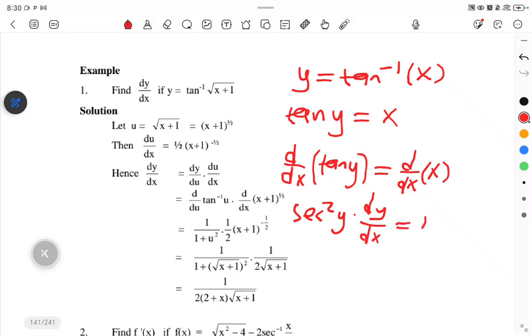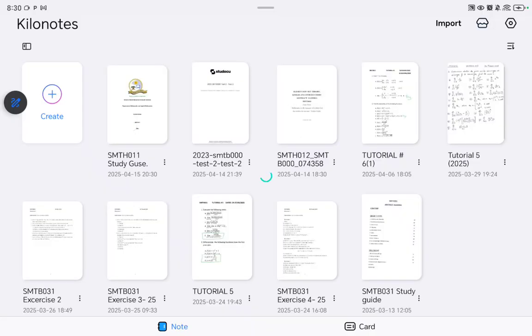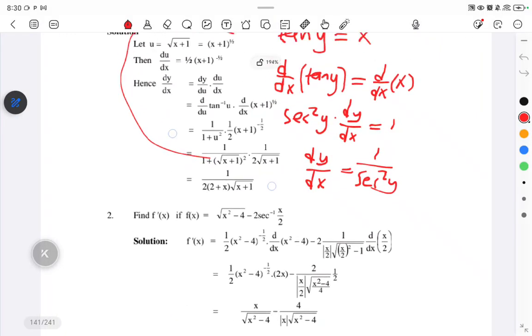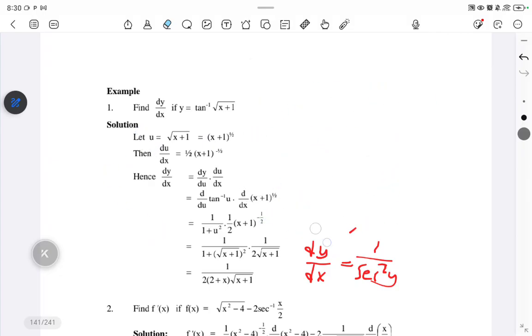And if we divide both sides, we get that dy over dx is 1 over sec squared y. So we don't have to do what they did here, right? We can apply that theorem to get to the solution. This will be simple because you already know what's happening. So let's apply that theorem instead of following the formation which they wrote here, because this one doesn't have a format. We should do something that can be done to every question that we come across.